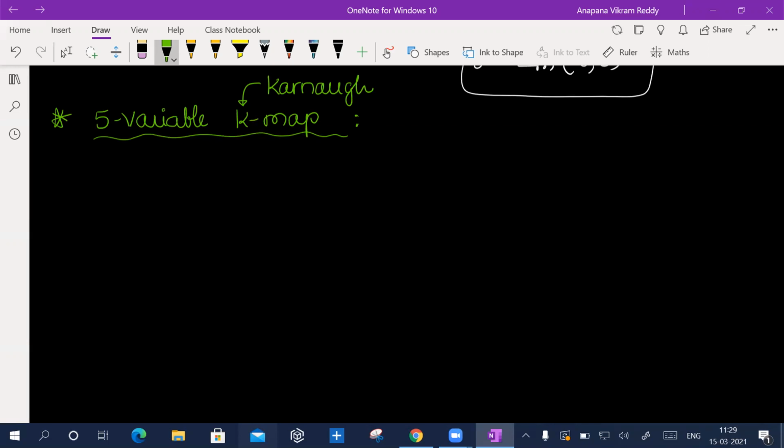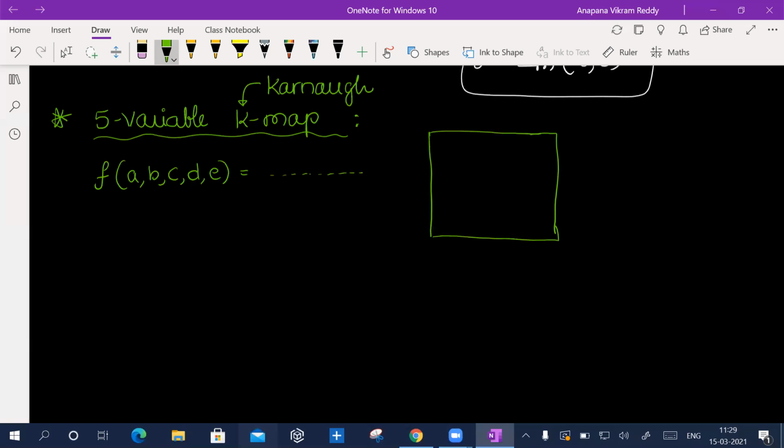For example, you have a function F of A, B, C, D, E is equal to something. So I have A, B, C, D, E as 5 variables. Now how do I do this? I can do this with 16-cell K-maps, 2 in number.